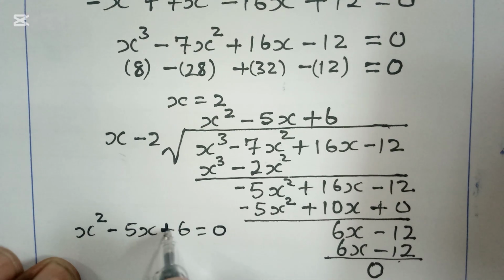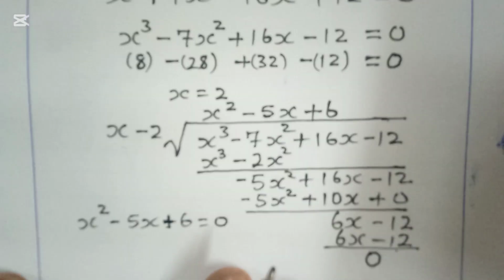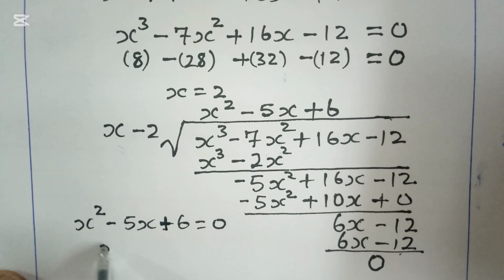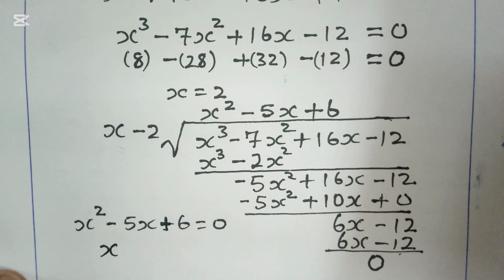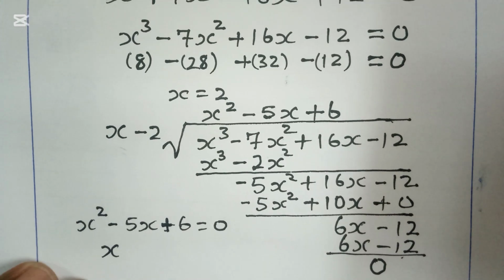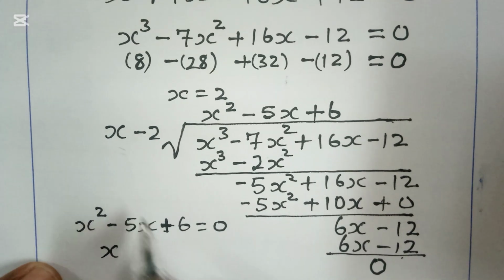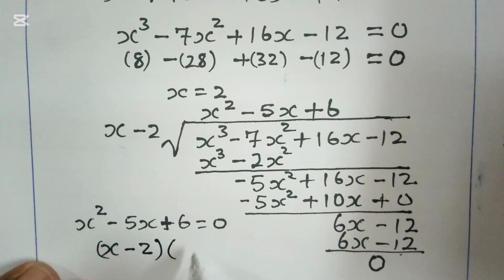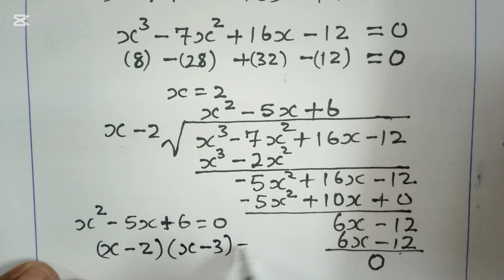So guys, if we were to find the roots of that equation, not the roots but the factors, we are going to have x minus 2, x minus 3. This is equal to 0.